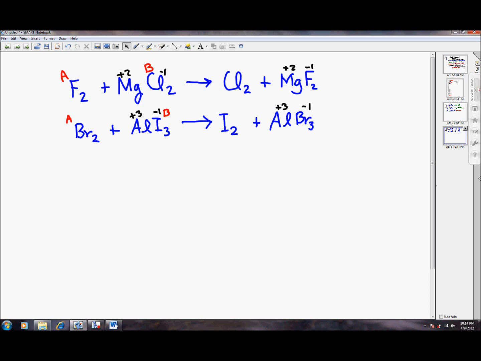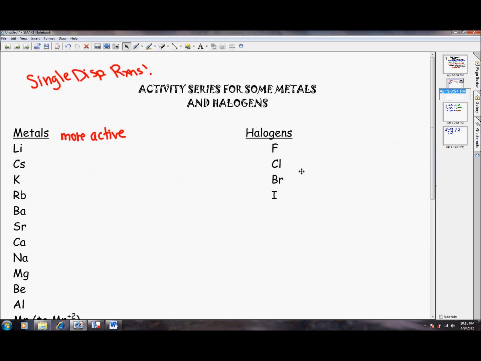Okay, one last example before we wrap up here. Let's have iodine and sodium fluoride. Okay, iodine is element A, and fluorine is element B. So we're going to compare iodine and fluorine. Look at our activity series.